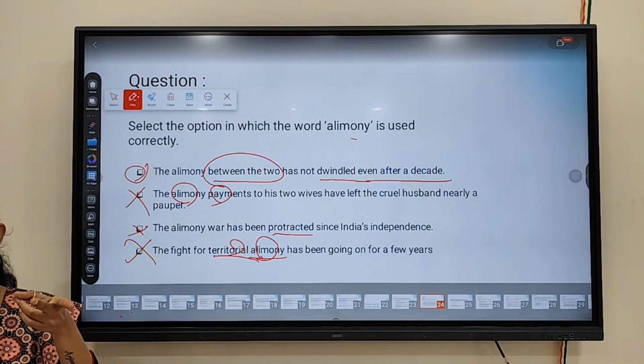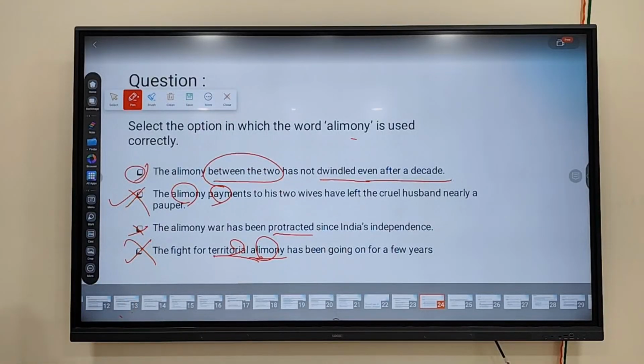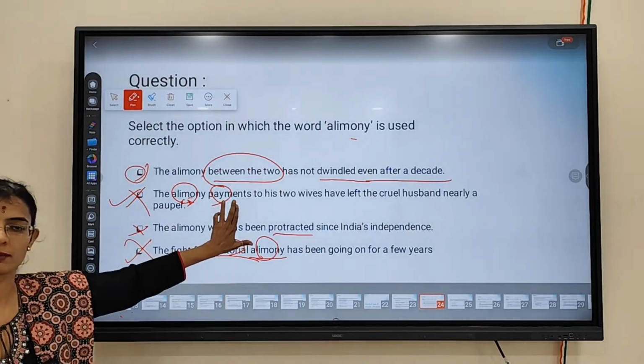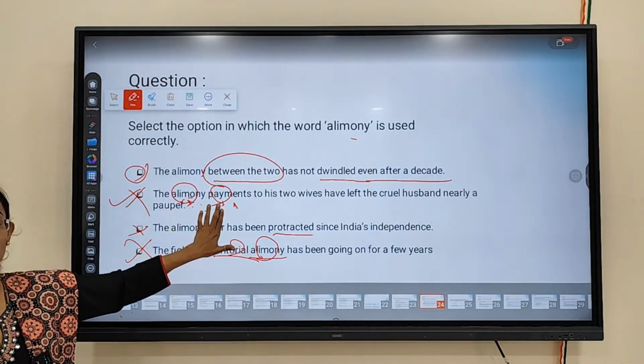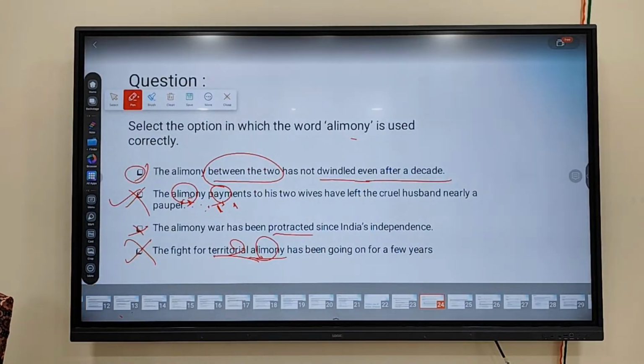Between the two, alimony is to be paid. So alimony and payment, though I told you both have the same meaning, how will they go together? You should think alimony is the money to be paid. Alimony means payment or money. Alimony is the amount or sum of.